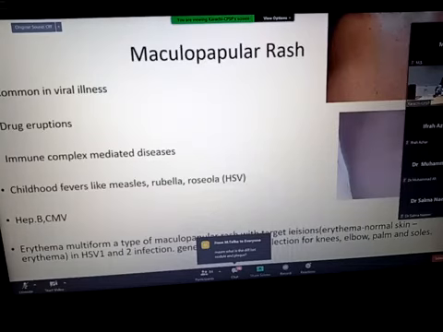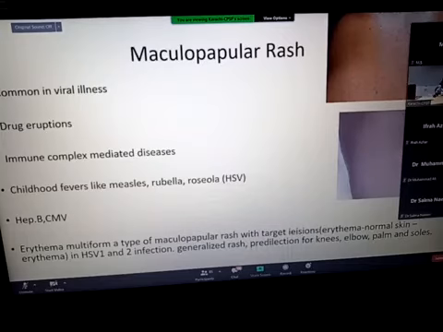Erythema multiforme is a type of maculopapular rash, and there are target lesions, meaning that there is erythema, then there is an area of normal skin, again there is another area of erythema.